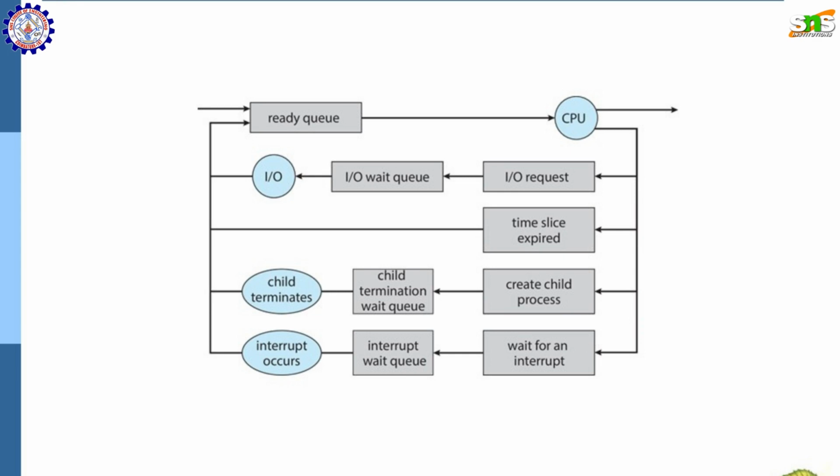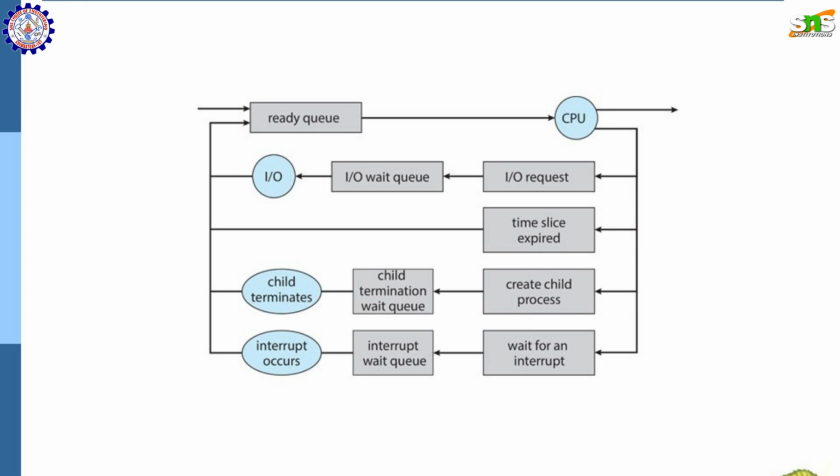Or if any interrupt comes, it moves to the waiting state and to the interrupt waiting queue. After the interrupt is executed or terminated, it moves again to the ready queue, then the CPU is allocated and it moves to termination. So this is the representation of process scheduling.